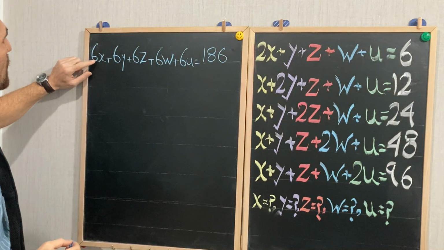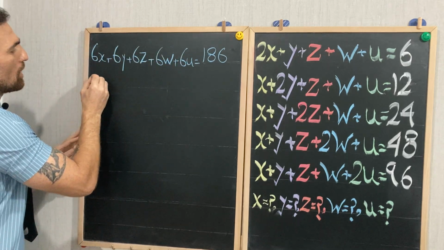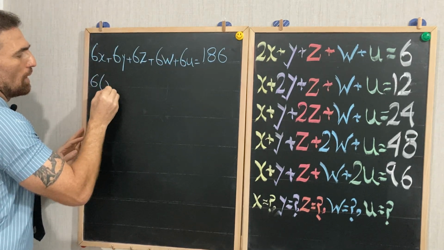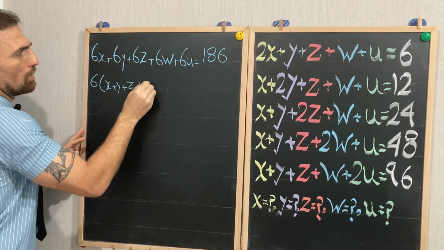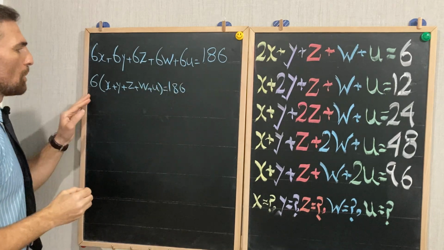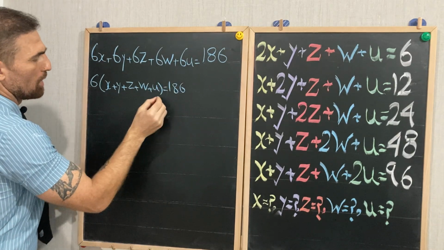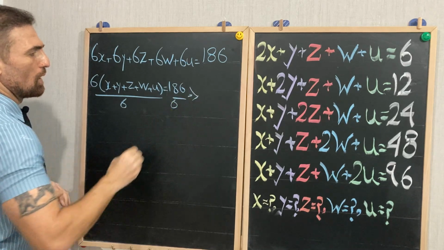Let me take factor out of 6 from every term. It's going to be 6 times (x plus y plus z plus w plus u) equals 186. Both sides divide by 6. What's the result?